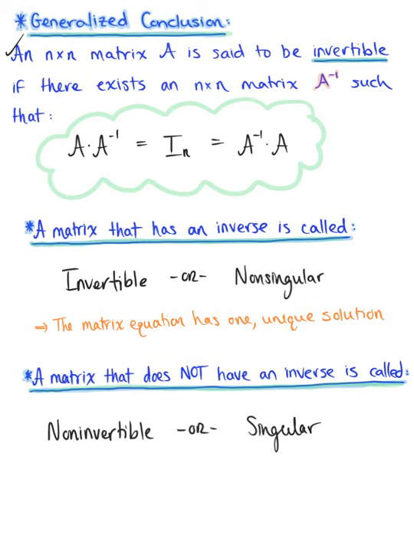So if a matrix does not have an inverse, or if a matrix is non-invertible, or if a matrix is singular, then we say that the matrix equation involving this matrix A has infinitely many possible solutions. And we're going to be exploring both of these statements in much more detail very shortly. But first, we need to go through and establish a more formal definition for the inverse of a 2 by 2 matrix and how to go about finding such an inverse.